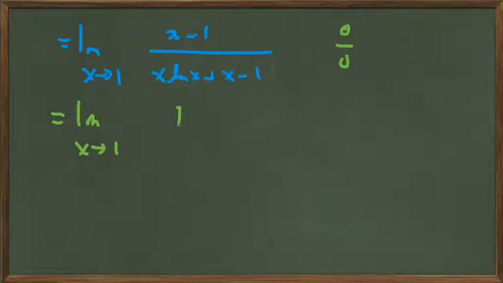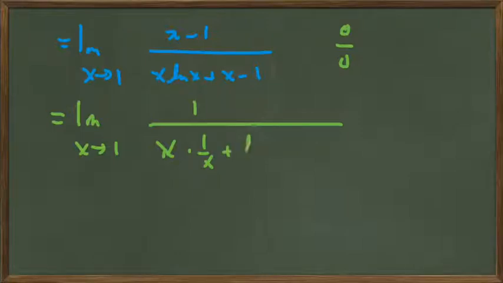Derivative of the top is 1. The derivative of the bottom by the product rule, we get what? X times 1 over x. Product rule applied to the first term here, and then plus ln x plus the derivative of x is 1.